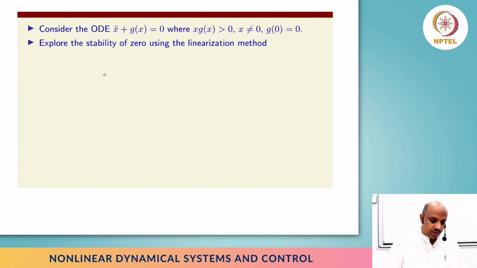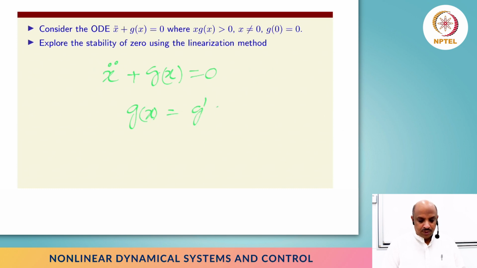x double dot plus g of x is equal to 0, and if I approximate g of x to be something like g of 0, g prime of 0 times x plus whatever higher order terms, right? The problem is basically this g prime of 0.